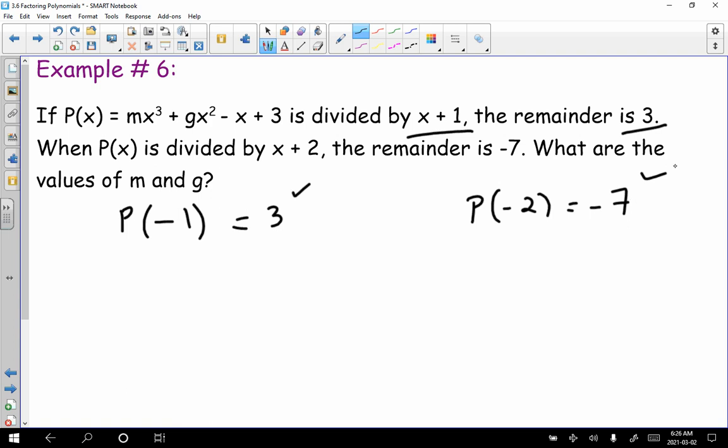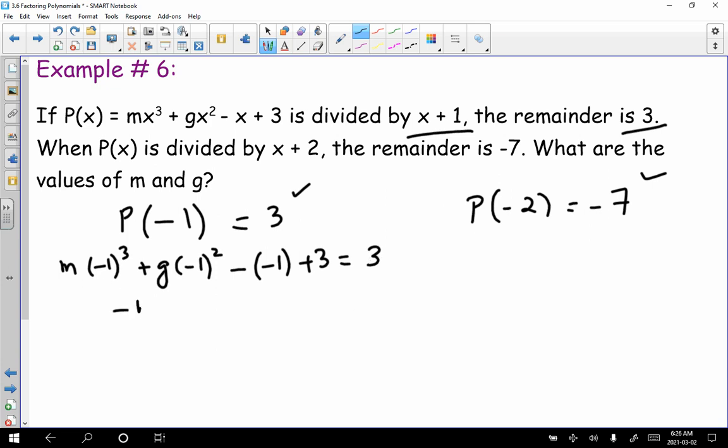What is p of minus 1? P of minus 1, if we substitute into the function, is m times minus 1 cubed plus g times minus 1 squared minus minus 1 plus 3 equals 3. And so we have an equation here.